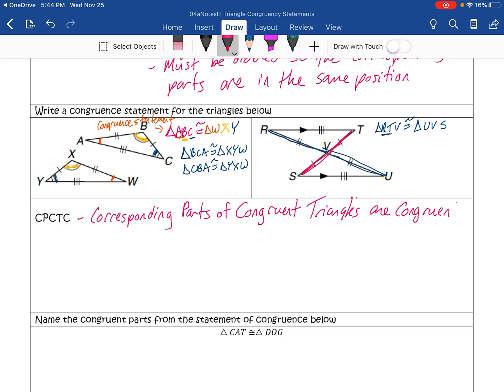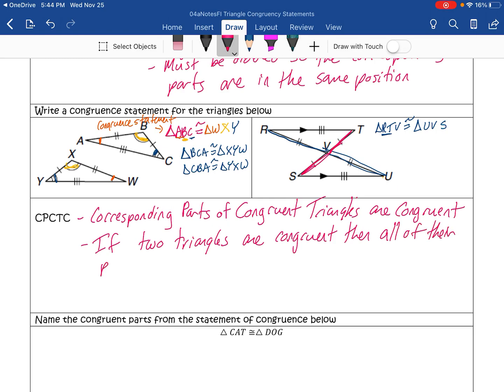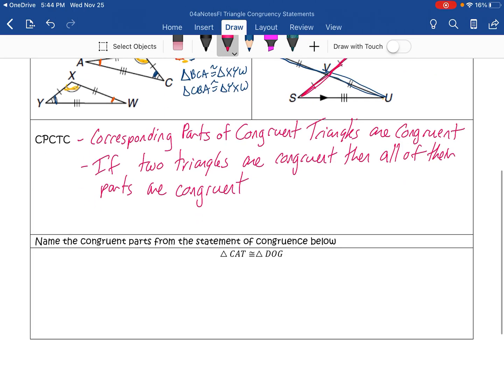What that just basically means, if two triangles are congruent, all of their parts are congruent. Okay, and so we're going to look at this in practice right now.